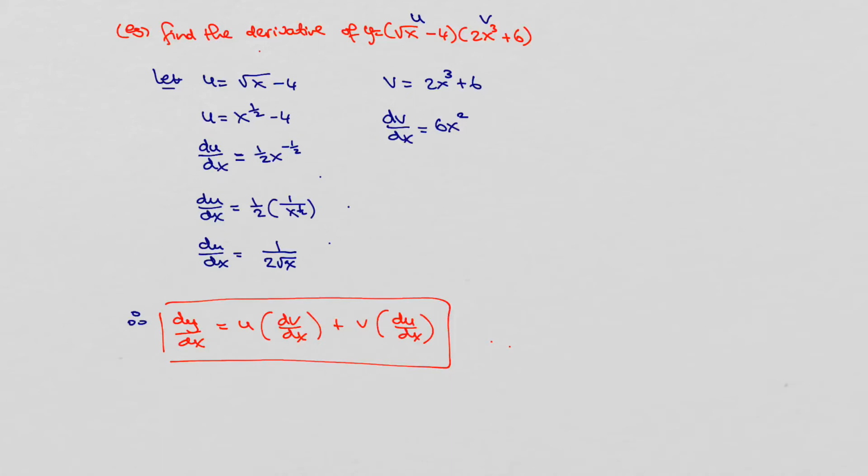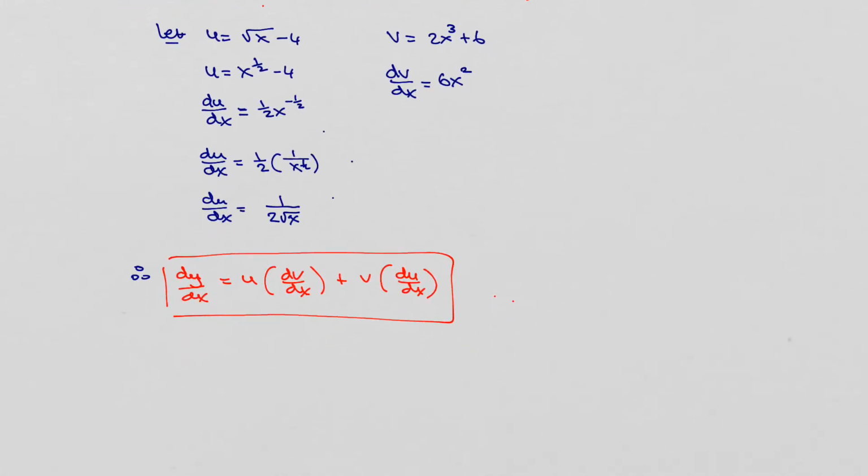So if I sub in my values there, what do I have? Well, u is root x minus 4 times dv dx, which is 6x squared, plus v, which is 2x cubed plus 6, times du dx, which is 1 over 2 root x.